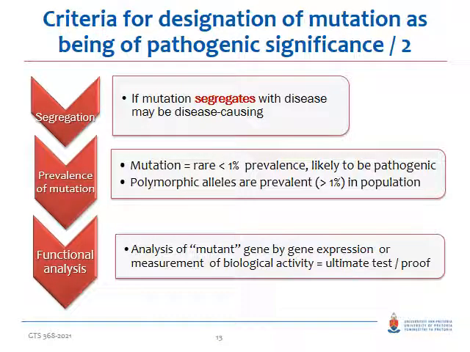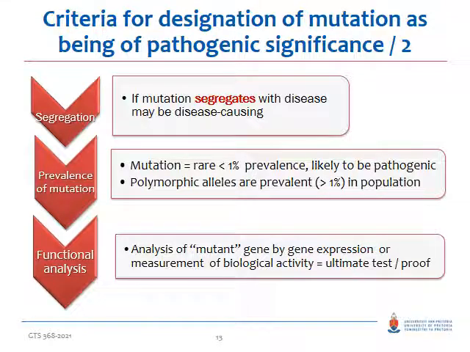This basically translates to the description of the mutation in cases in the literature or in databases. How often a mutation occurs can also give an indication to its pathogenicity. If it's rare and less than 1%, the likelihood of it being pathogenic is higher.